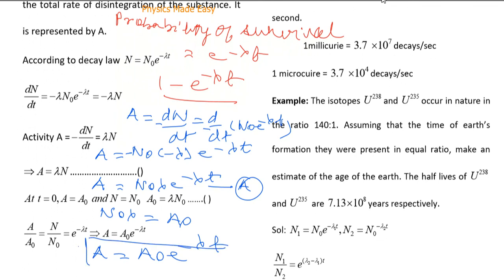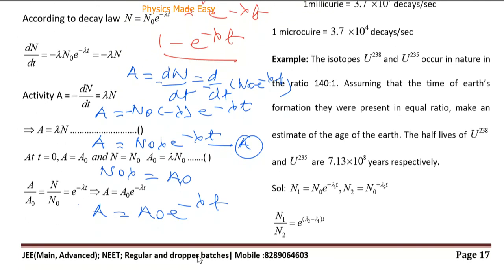The formula for activity and the formula for decay of the number of undecayed or active nuclei are the same.